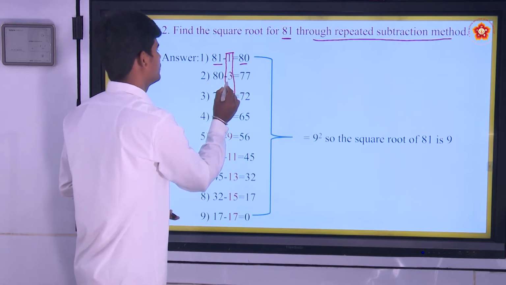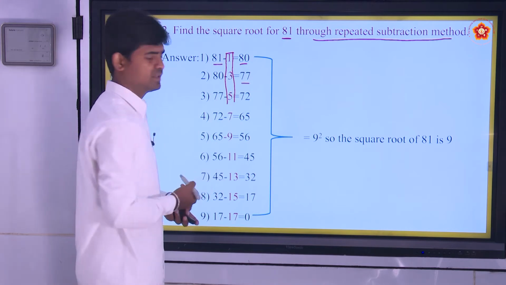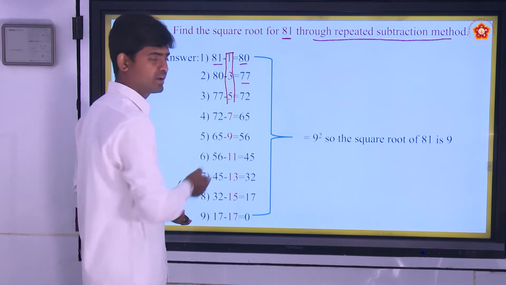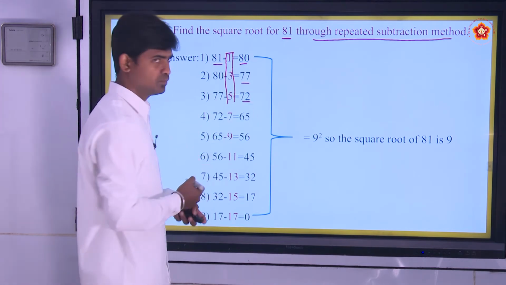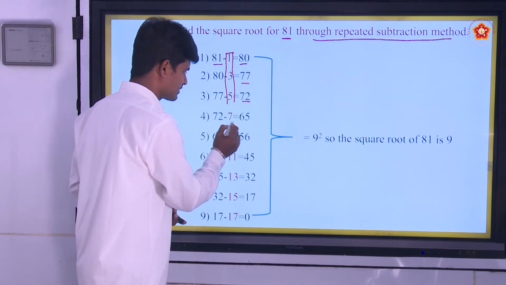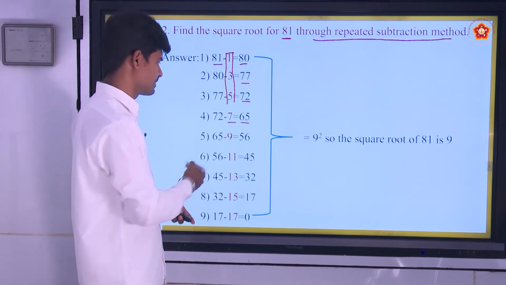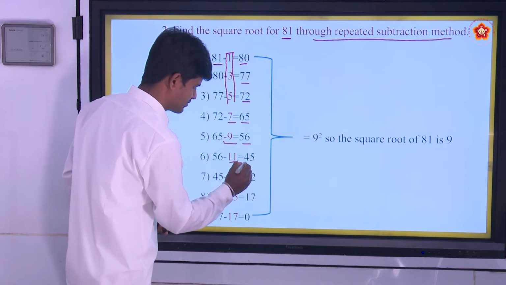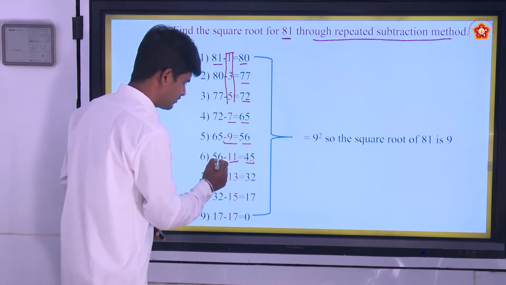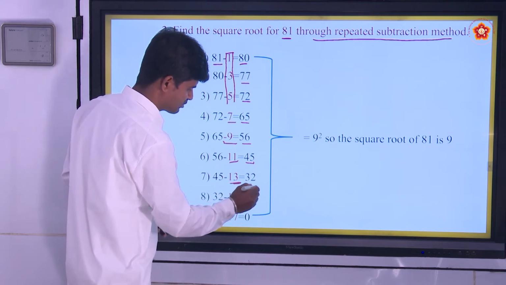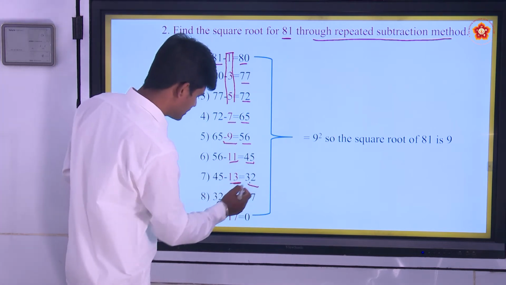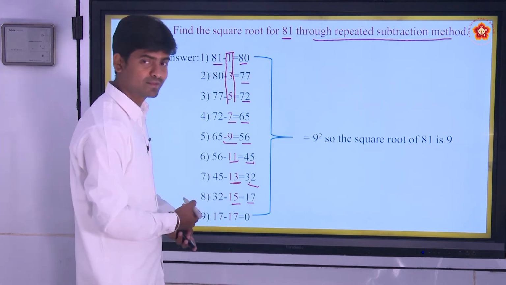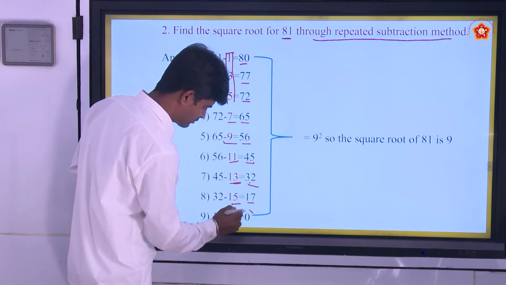From 80 we subtract 3, that is 77. 77 minus 5 is 72. 72 minus 7 is 65. 65 minus 9 is 56. 56 minus 11 is 45. 45 minus 13 is equal to 32. 32 minus 15 is equal to 17. 17 minus 17 is equal to 0.